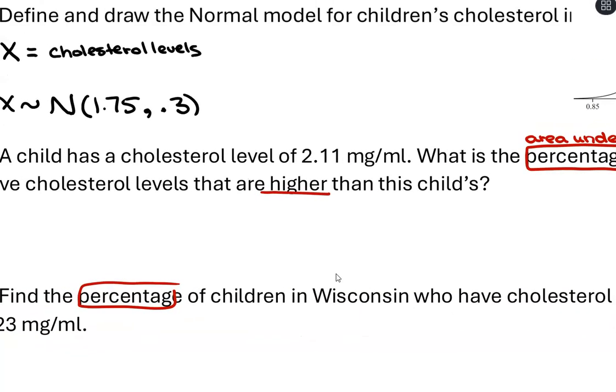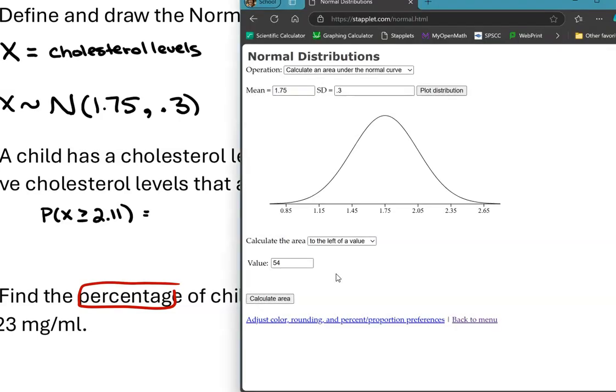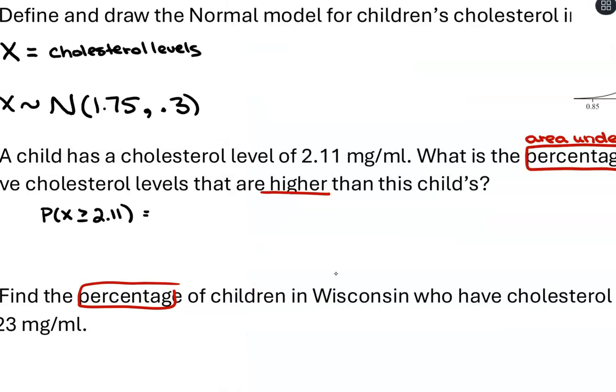So we want to find the probability that X is more than or equal to 2.11. And this is where we go to our program, and we're going to go area to the right, and we're going to put in 2.11. And that'll be an area of 11.51%.